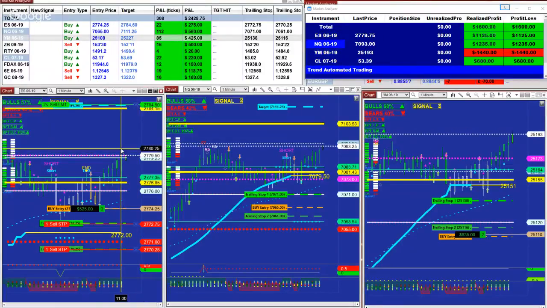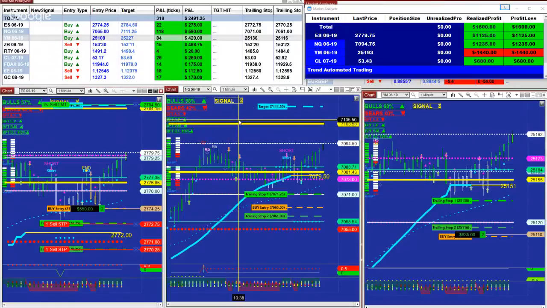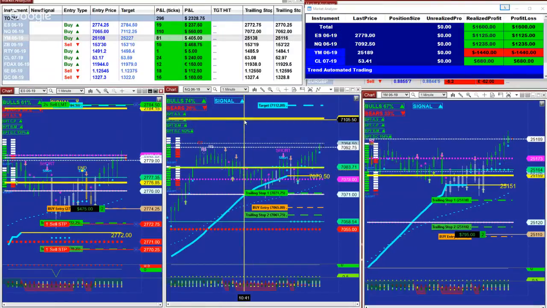When the buyers are not able to break those lines, the chart starts blinking red. Look, the Nasdaq starts blinking on the buy-in. They're trying to get it off from here, and they fell.